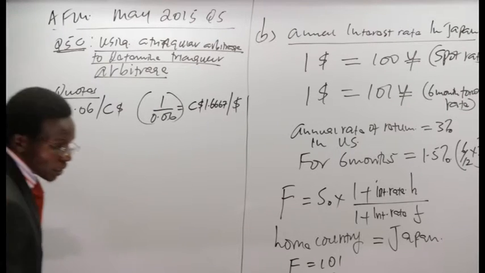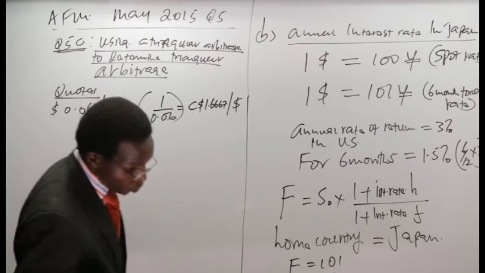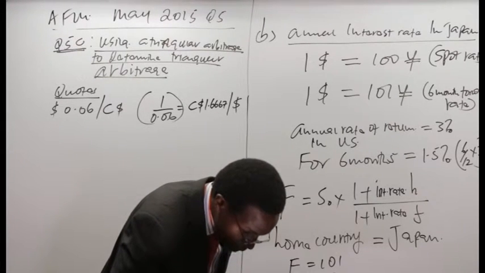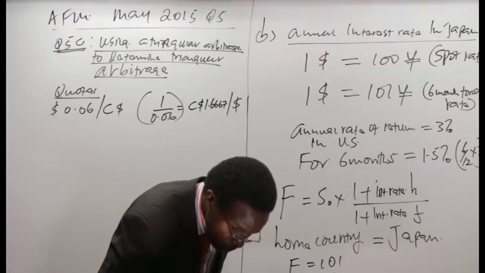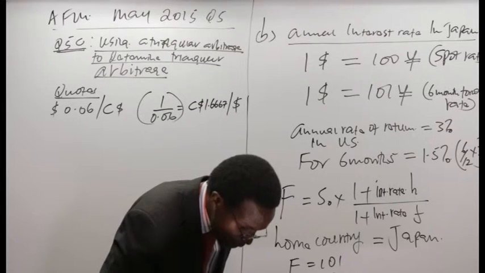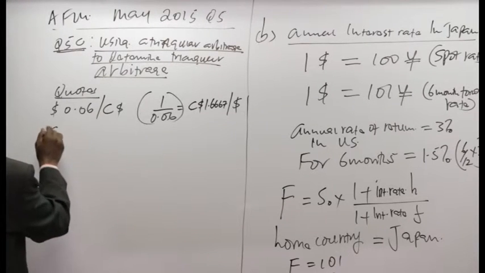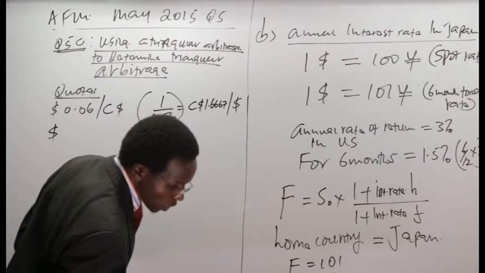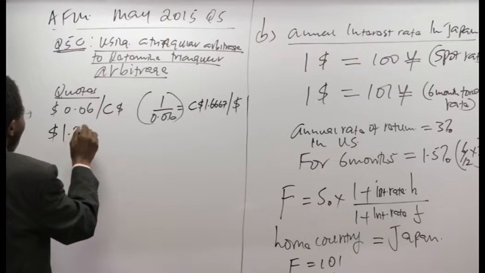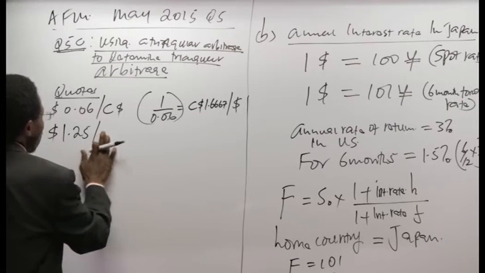The next quote is where we have, and they have told us this is United States, Canadian, and the British. We have been told that the next one is where we have US dollar 1.25 for how many pounds? 1 pound.